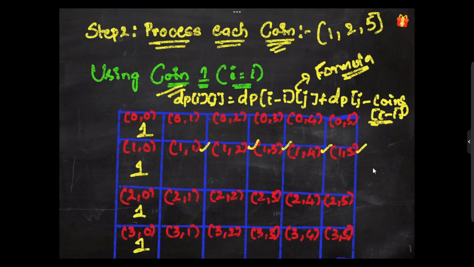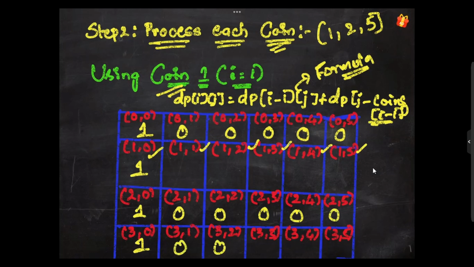So DP of 1,1 according to the formula is DP of 1,0 plus DP of 0,1. DP of 1,0 is 1, plus DP of 0,1 is 0.